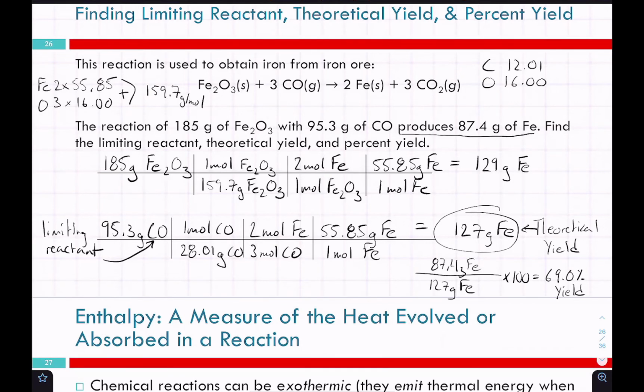So we didn't use the 3CO2 at all in the bottom? Yeah, we didn't need to use CO2 on any of it. So we could have calculated how much CO2 would be produced, but since it wasn't asked for in the question, we didn't need to do it.